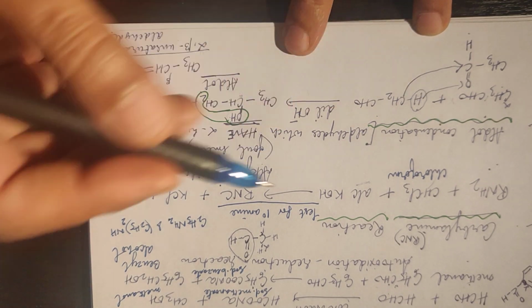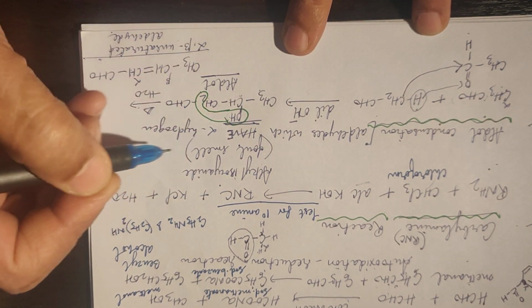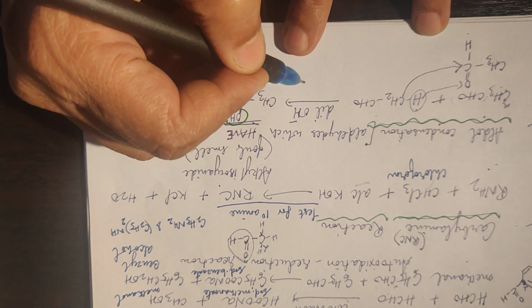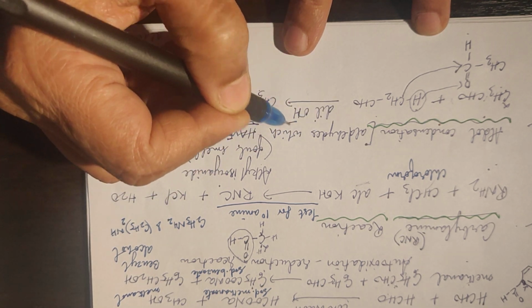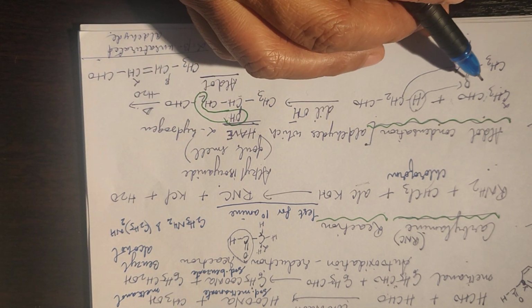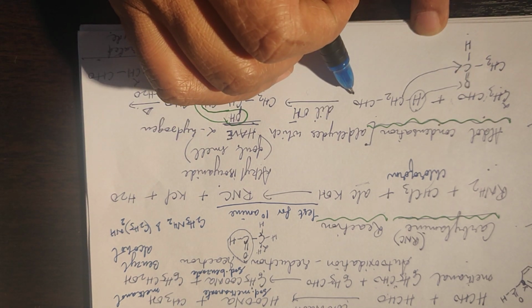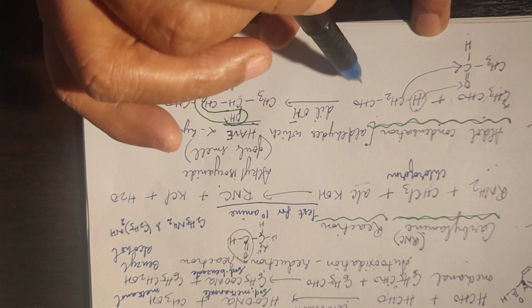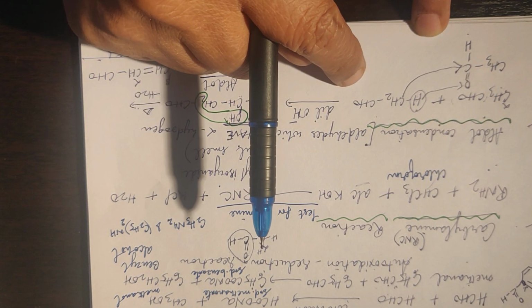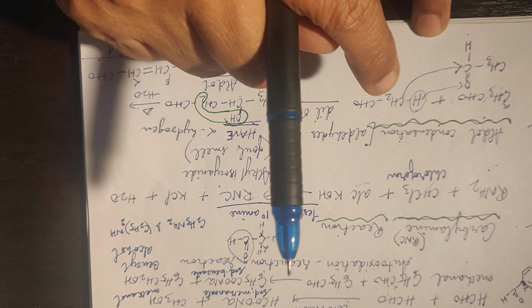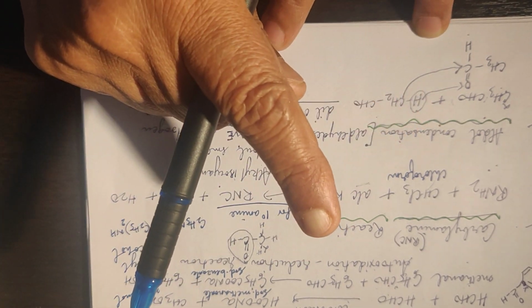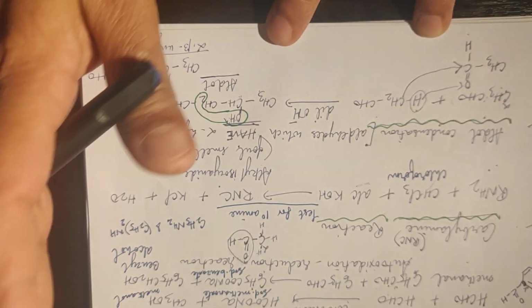Whereas in aldol condensation, aldehydes which have alpha hydrogen should be used, and the reaction takes place in the presence of dilute OH-. So here, just like the Cannizzaro reaction, you will take two molecules of aldehyde, but here the condition is they should have alpha hydrogen. If not both the aldehydes, at least one should have alpha hydrogen.